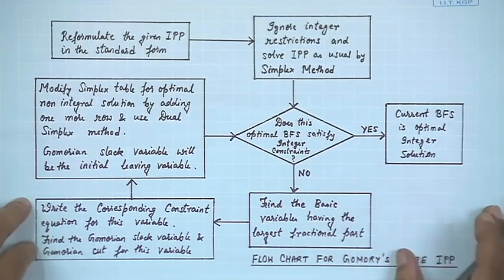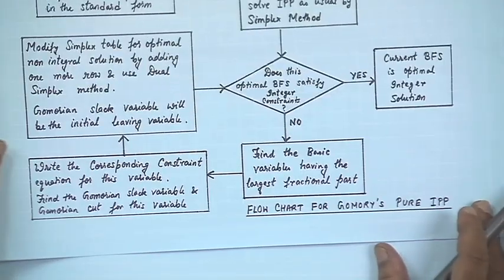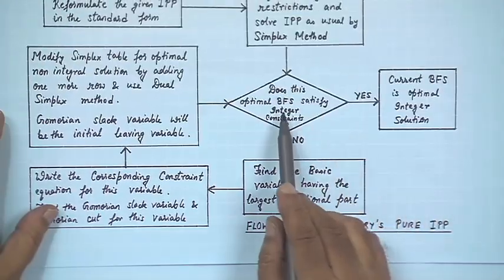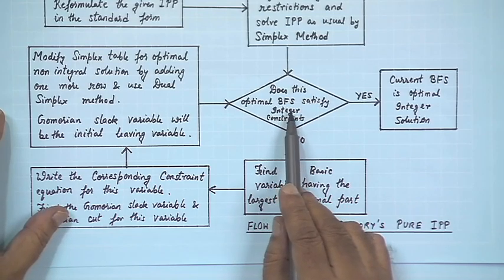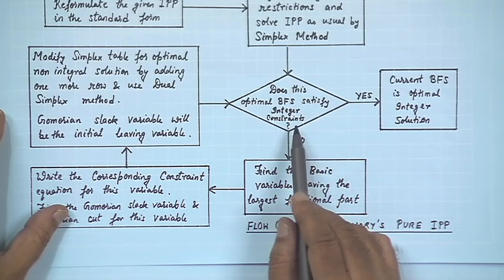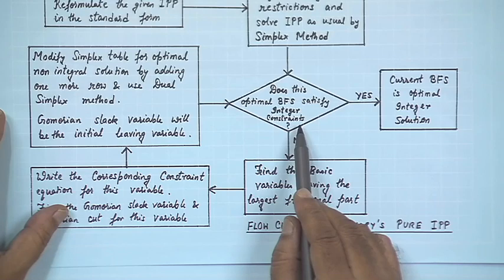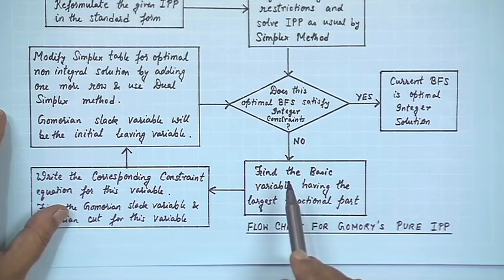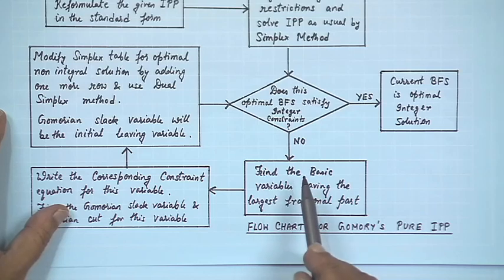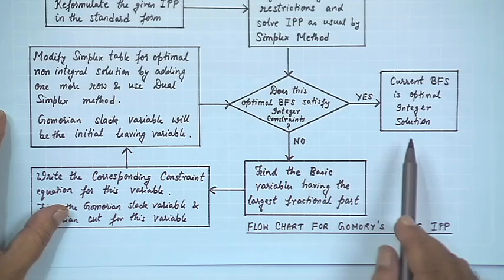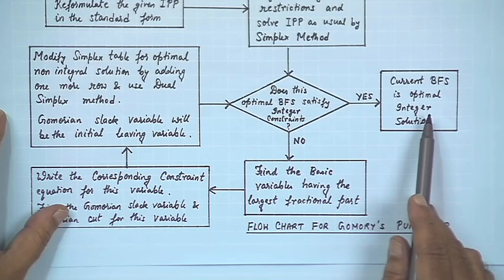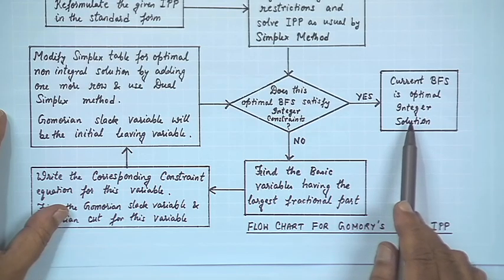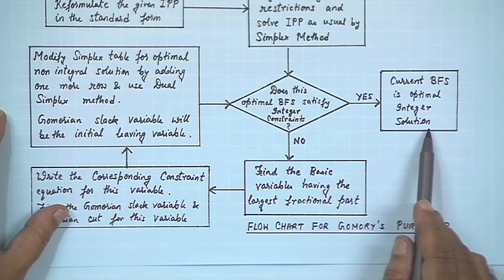Now, the next step: does this optimal basic feasible solution satisfy the integer condition? So, we are checking, after getting the optimal solution, whether this BFS satisfies the integer constraint or not. If yes, then the current basic feasible solution is the optimal integer solution and you stop the process.